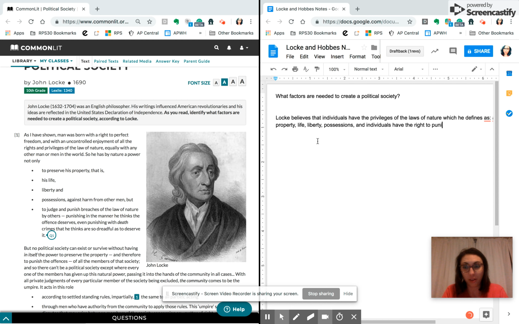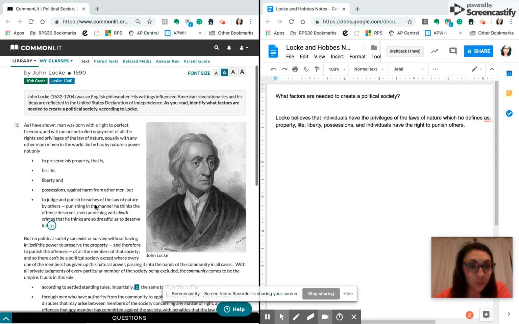I don't know how I feel about that, but I guess that's what we have, right, with the system of law. So that's what he believes.